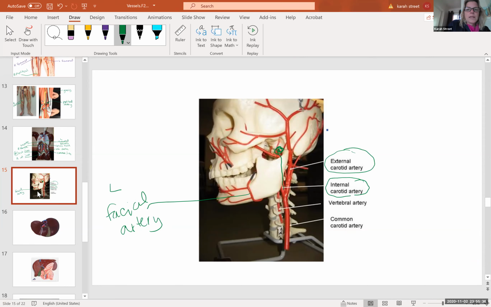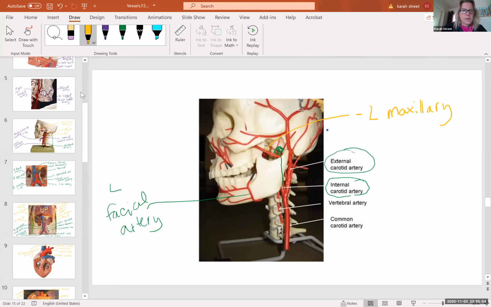And that would be left. And then right here would be your maxillary artery. And just for perspective, I'll jump back to that other model.